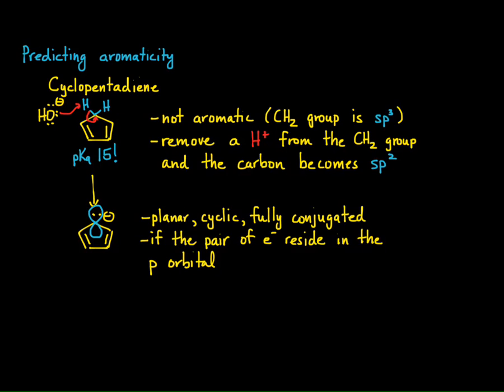And so now that makes it fully conjugated. How many electrons do we have? We have 4 electrons from the pi bonds plus the 2 electrons from the anion, and that gives us 6 pi electrons. So 6 pi electrons satisfies Huckel's rule, right?